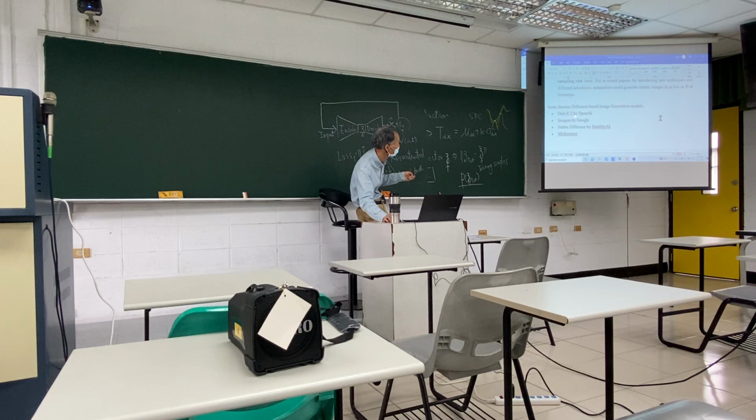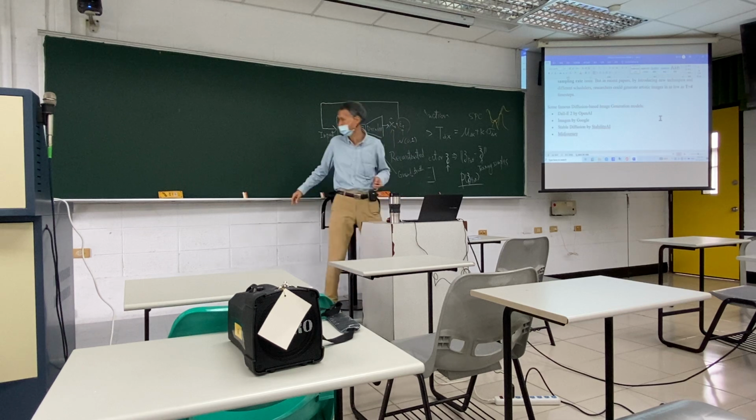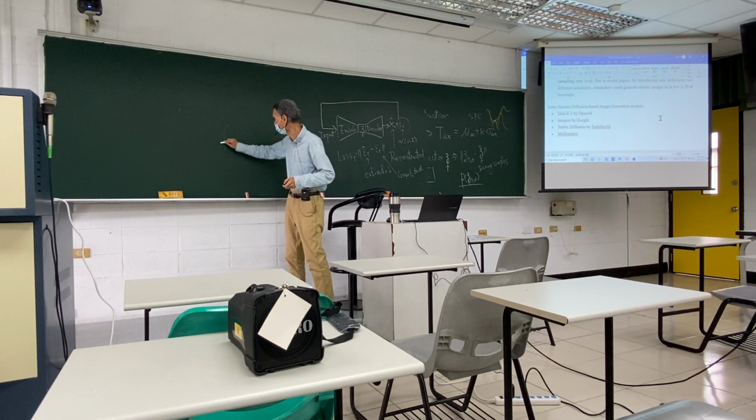The ones you are quite familiar with, Stable Diffusion, DALL-E, or image generation by Google, are all based on diffusion. They are not based on GAN or flow models. Actually, another flow is also an autoencoder.